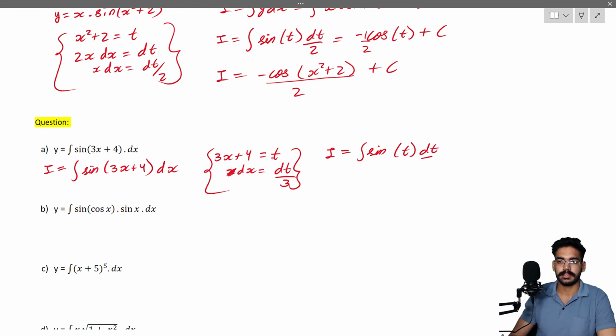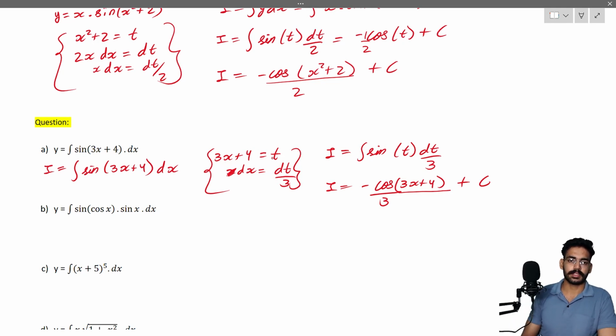Now the 1 by 3 factor I can take outside, and the integration of sine t dt is minus cos t, so minus cos t divided by 3, and t we substituted as 3x plus 4, plus c. You can see that it came the same as minus cos of ax plus b divided by a, which we wrote in the standard examples also.